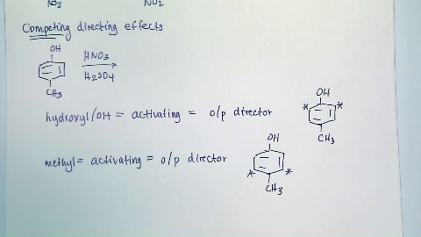Okay, so let's say that I asked you to synthesize that molecule from benzene using the reactions that we've talked about. So we're going to start from benzene. And maybe this is obvious, maybe it's not, but we need to do one EAS reaction to install one of the groups. And then we need to do another EAS reaction to install the second group.